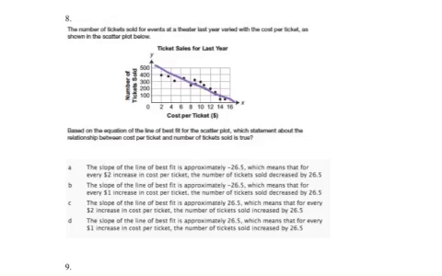So the only one that has a slope that's negative is A or B. So I can automatically cross off C and D. And the reason my answer would be B is because the slope of the line of best fit is approximately negative 26.5, which means that for every $1 increase in cost per ticket, the number of tickets sold decreased by 26.5. Remember, slope is always per one item, or per $1 in this case.